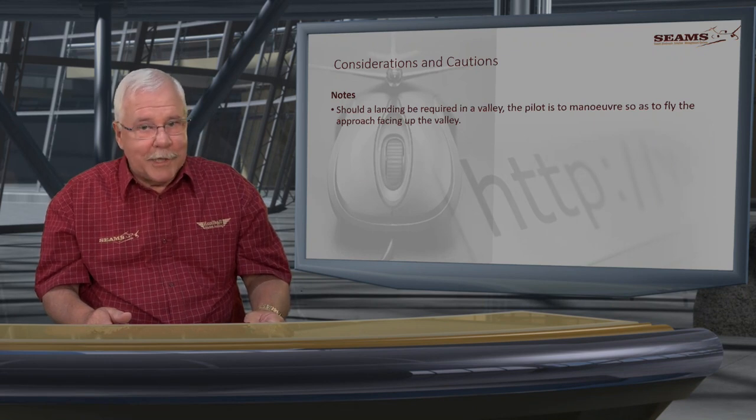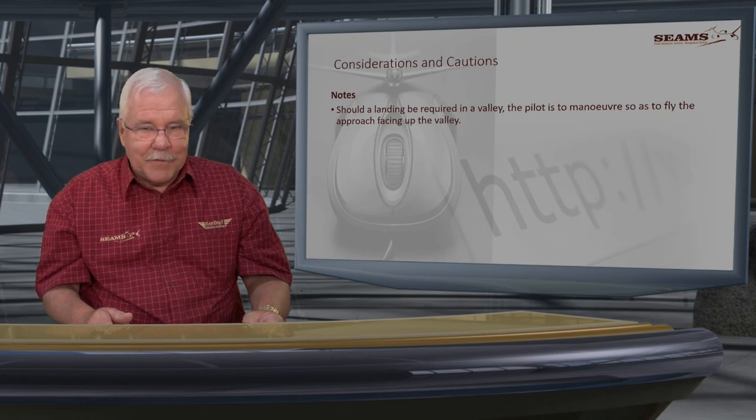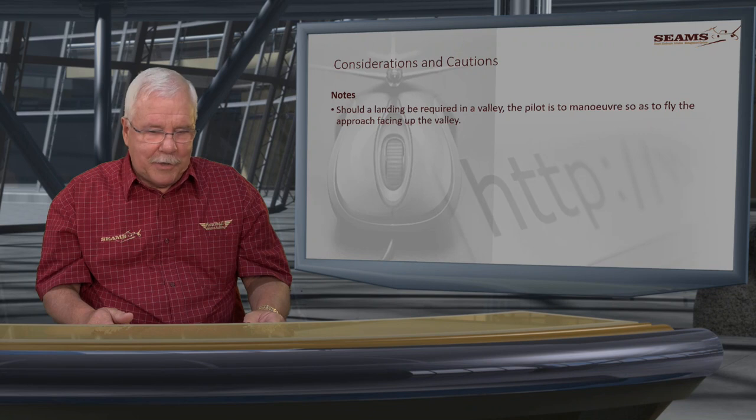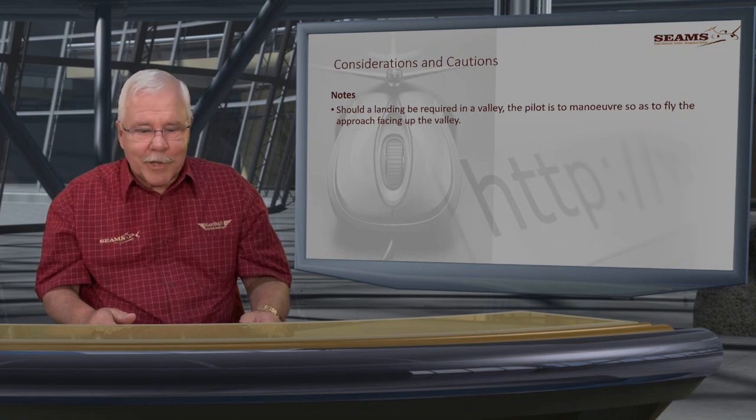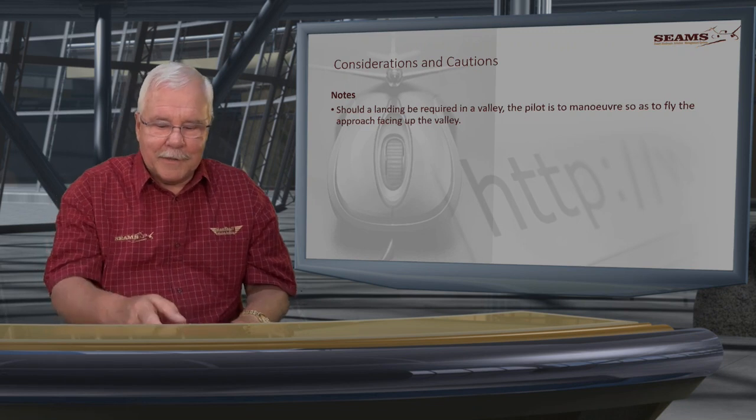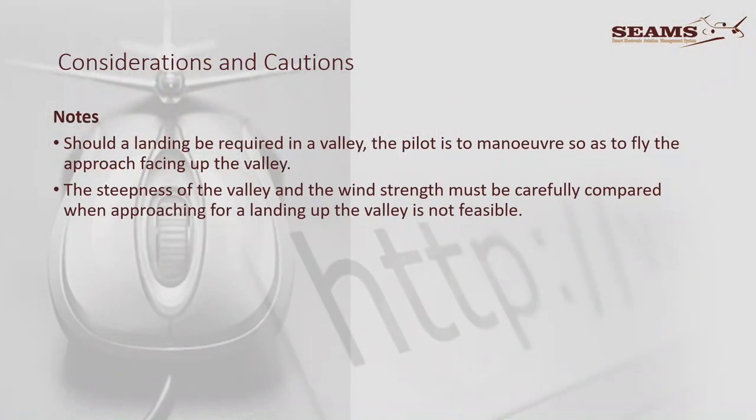There's no way that you can get the rate of descent sorted out in that one. So you'll have to get a smidgen of a headwind component, but you'll have to try other methods. Should the landing be required, the steepness of the valley and the wind strength must be carefully compared when approaching for a landing up the valley. Obviously, if up the valley is not feasible.